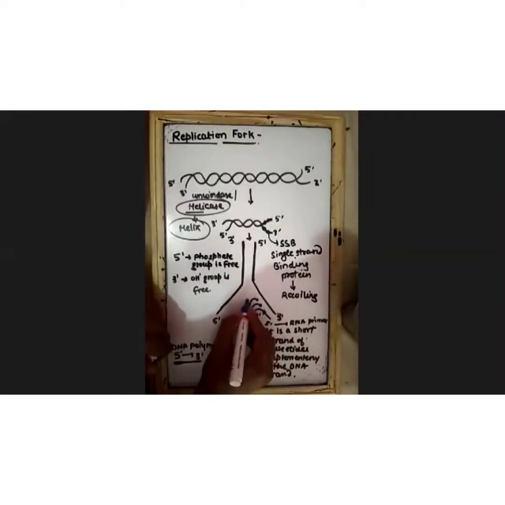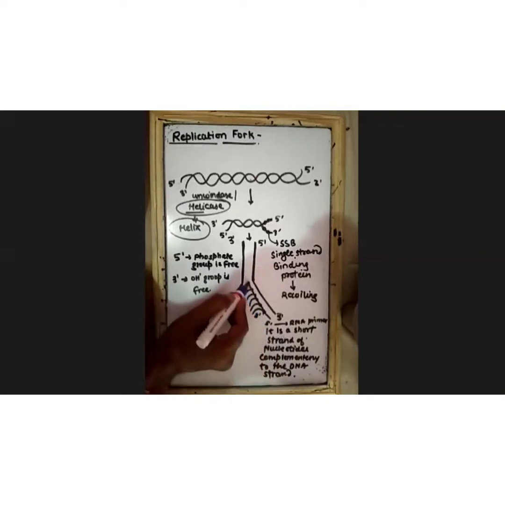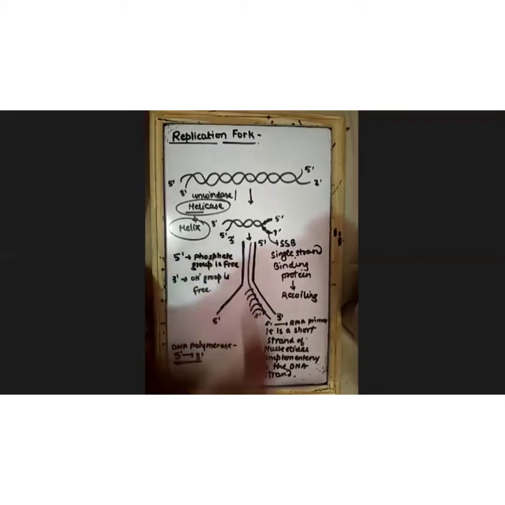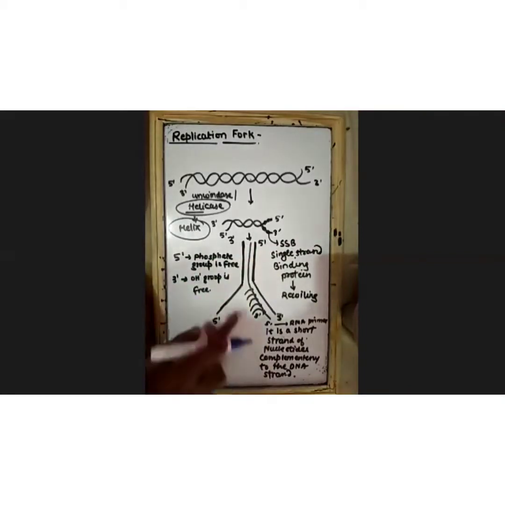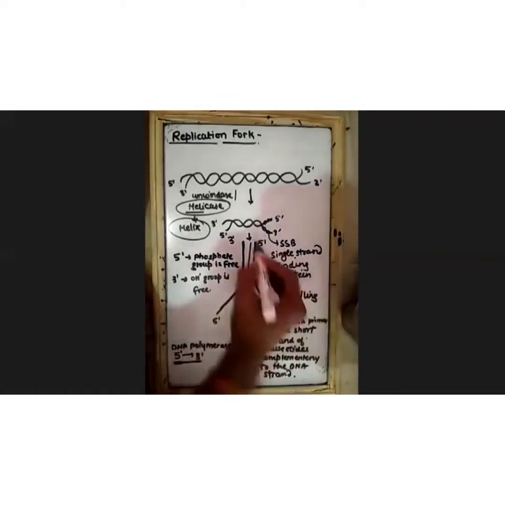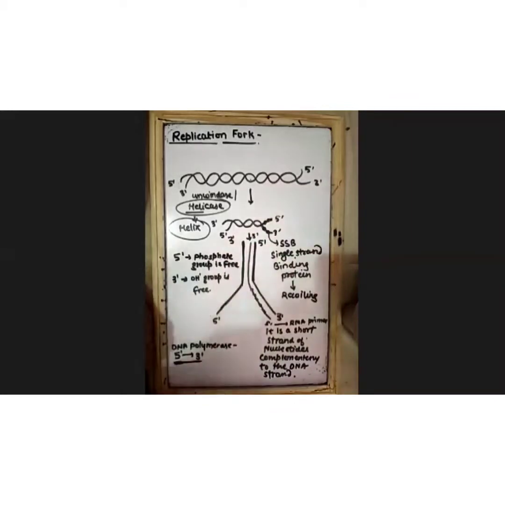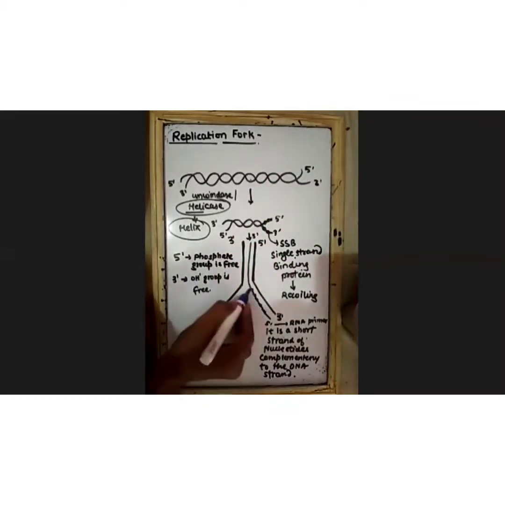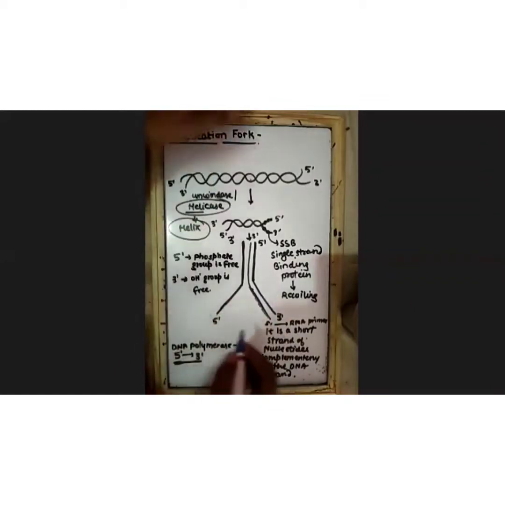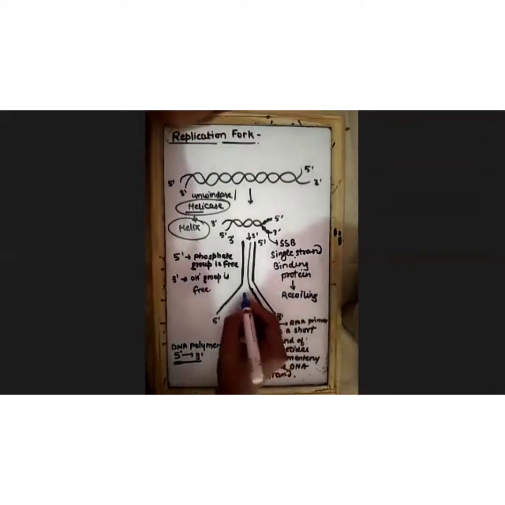Nucleotides, nucleotides, nucleotides, and again it will go like this. Here you will get a 5 prime, here a 3 prime. Then this is the only strand. But what will happen on this other strand?